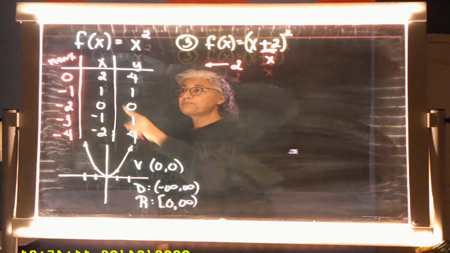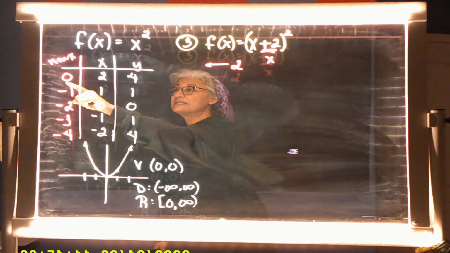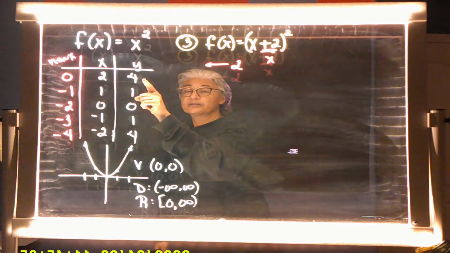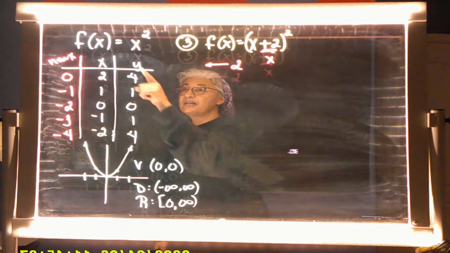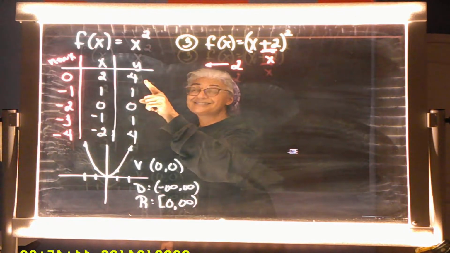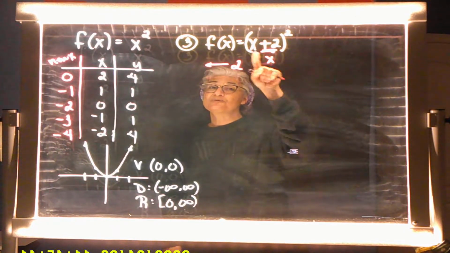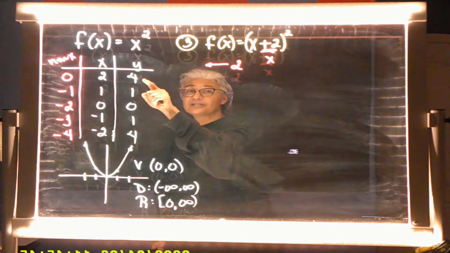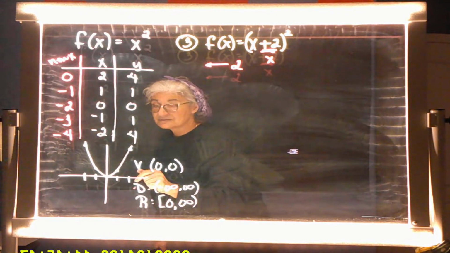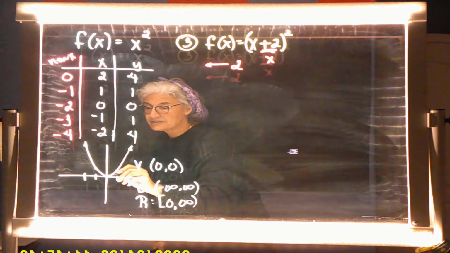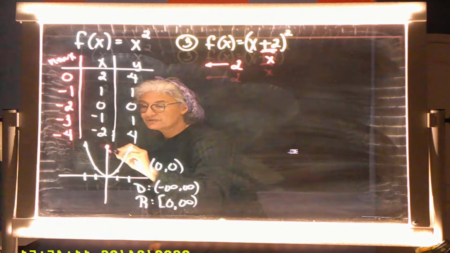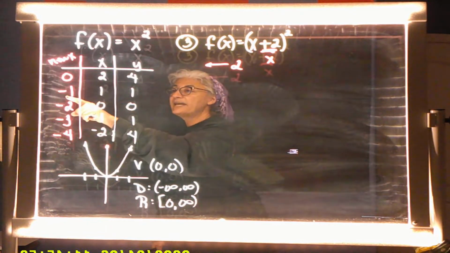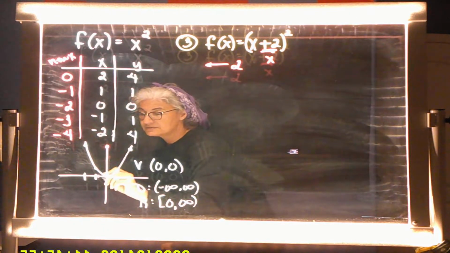So watch. I'm now at 0, 4. Because remember, new x's and the original y's stayed the same because this wasn't moving the y's, this was only affecting the x's. So now I'm at 0, 4. Correct? Okay, so there's 0, 4. Now I'm at -1, +1.